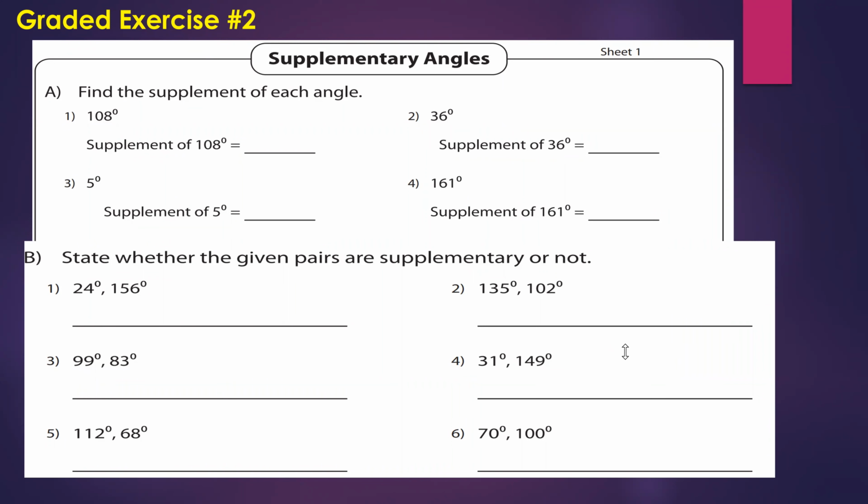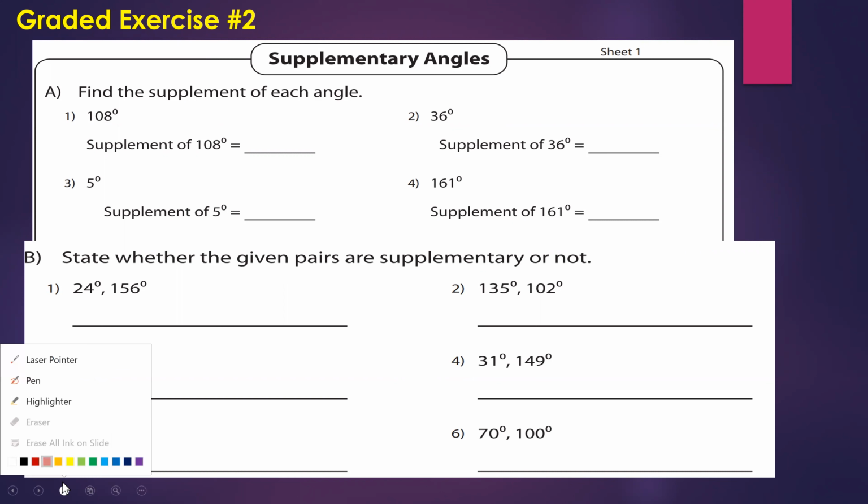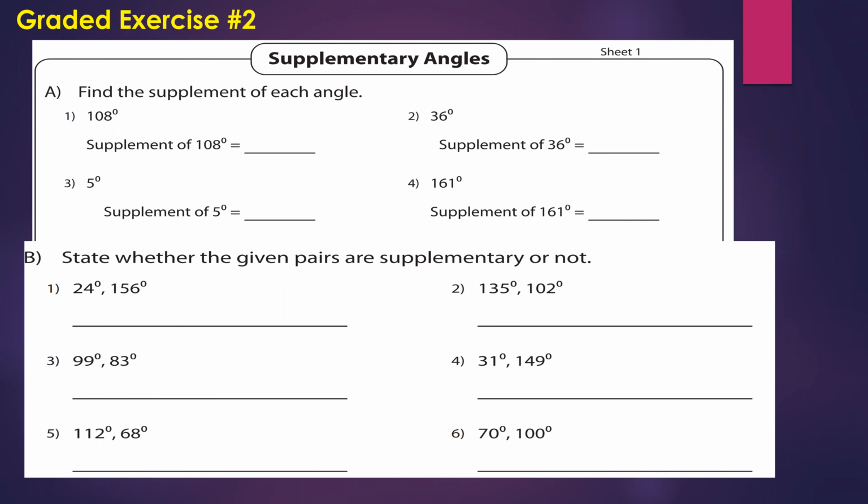With that in mind, let us answer these questions. Number one says, find the supplement of each angle. So we have to find the supplement of 108. How are we going to do that? We're going to subtract 108 from 180.